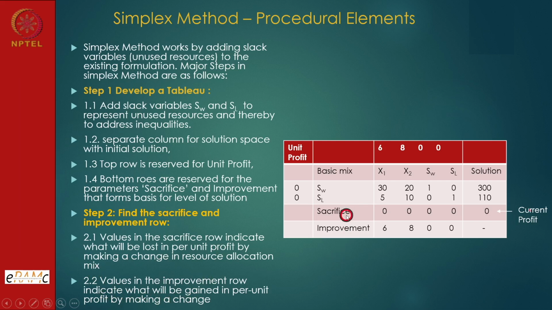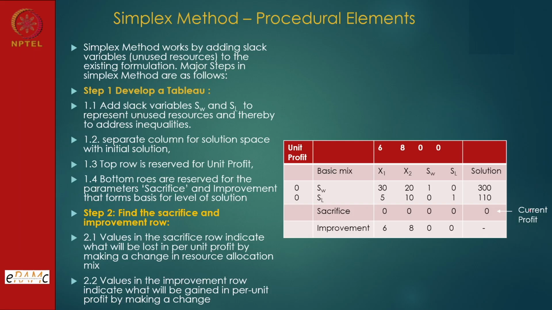So, here it is what will be lost per unit change, here it is the gain in per unit profit by making a change. One is showing sacrifice, the other is showing improvement, and from here we will get whether we have optimization. So, this is the second step, identifying the sacrifice and improvement rows.